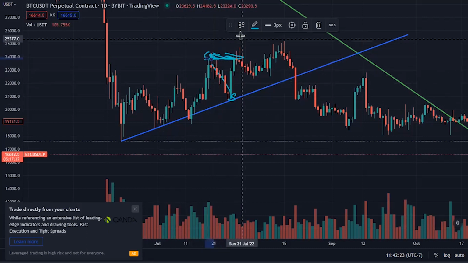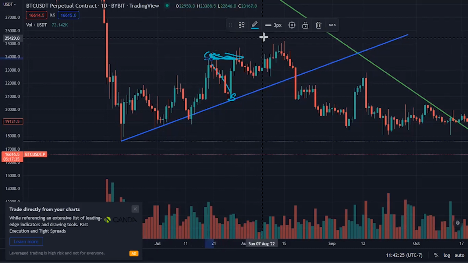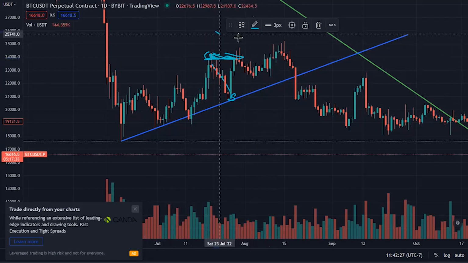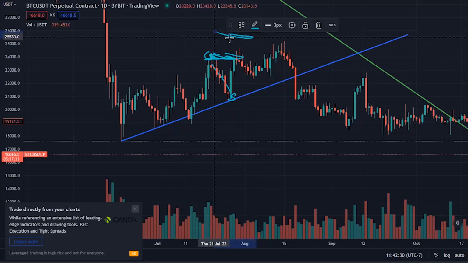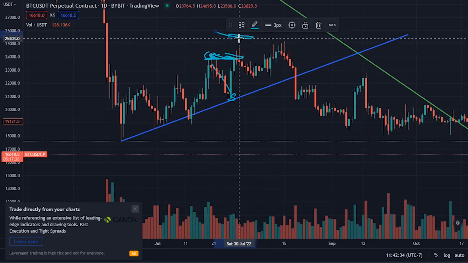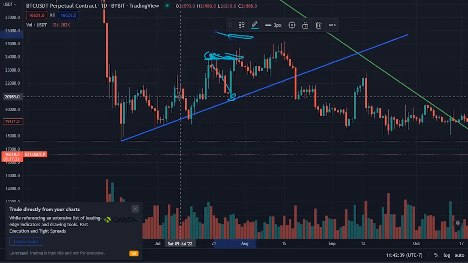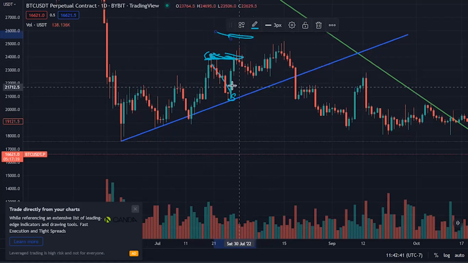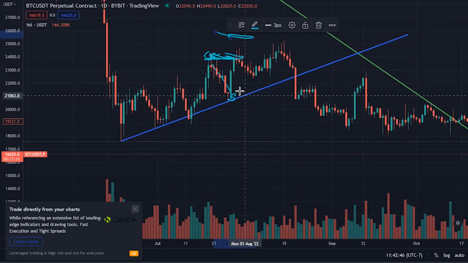So I'm expecting the price to go up to maybe right here, and you place your take profit there. It's a little bit more risky, but you can assume the price can go there because it is currently in an uptrend. So this is how you trade Bitcoin and other cryptocurrency in an uptrend.